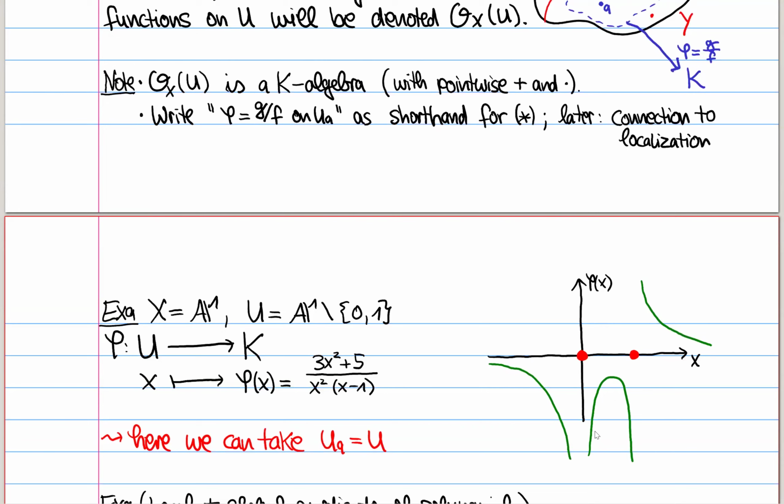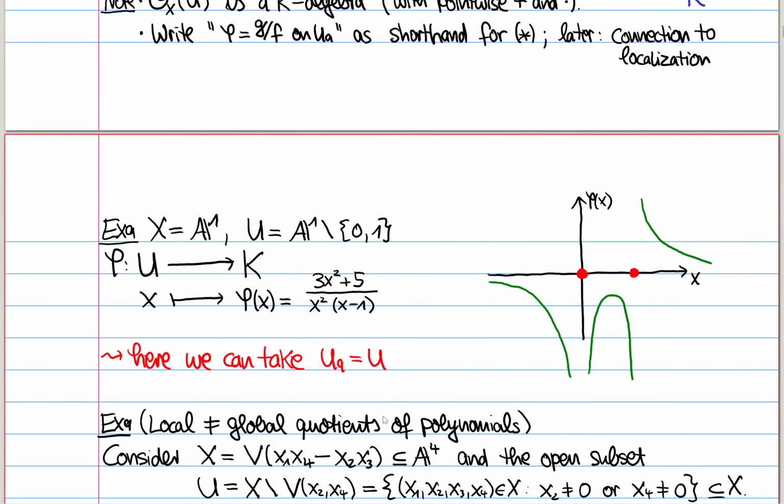But still, this is something we can describe with polynomials, and so we will allow this. And this is a special case where, in fact, for each a here, we can take U_a to just be all of U, because globally this function phi is given as the quotient of two polynomials.